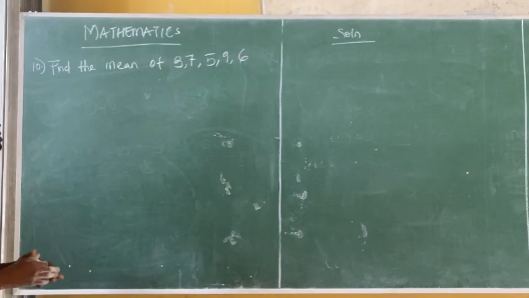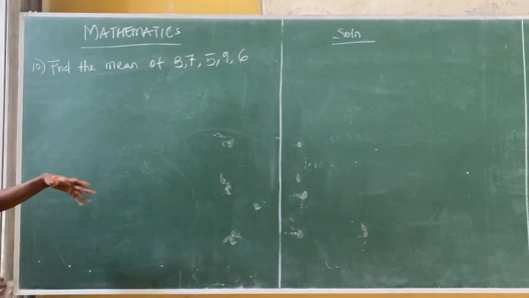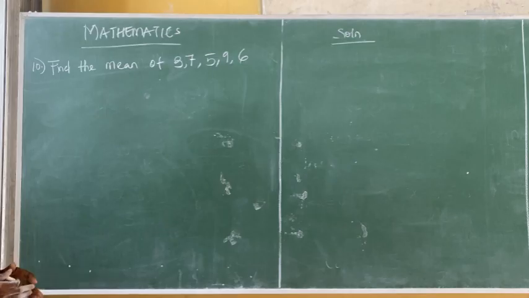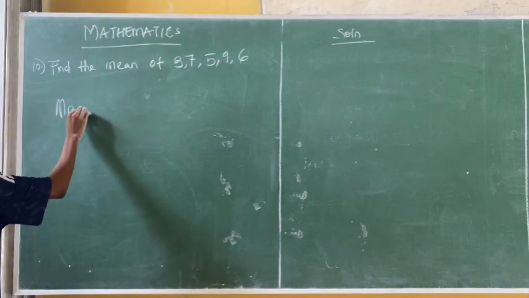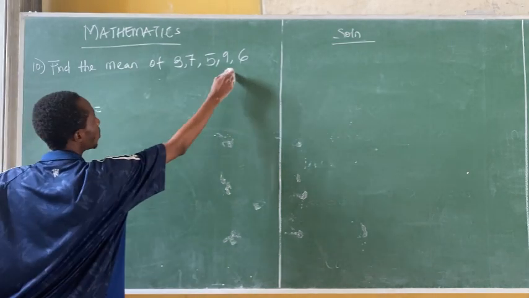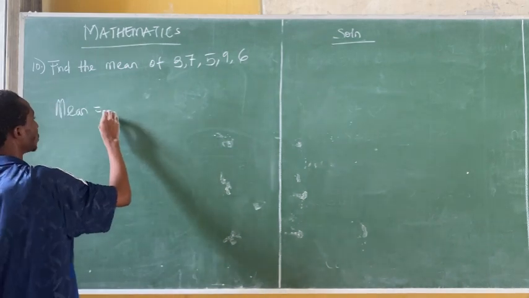Question 10 is on statistics. It said, find the mean of 3, 7, 5, 9, and 6. Okay, what we need to do here, we say mean is equal to, we add all these numbers and divide by the total number.